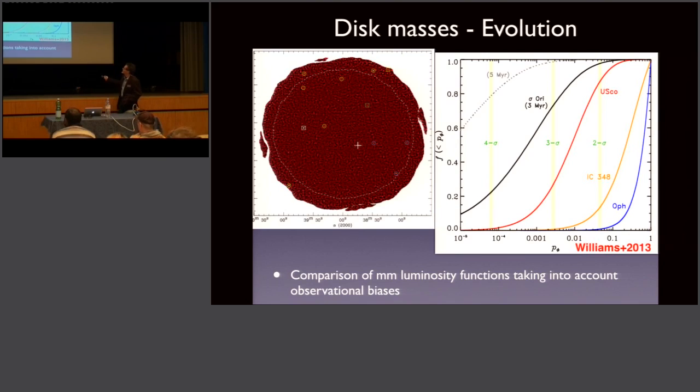And 3 other detections, which are most likely sub-millimeter galaxies, because we are approaching the sensitivity where we have to worry about background contamination from sub-millimeter galaxies. Basically this comparison is based essentially on the non-detections, and the statistics of non-detections is telling us that we should be detecting more of these disks if they were the same as the ones in Taurus.